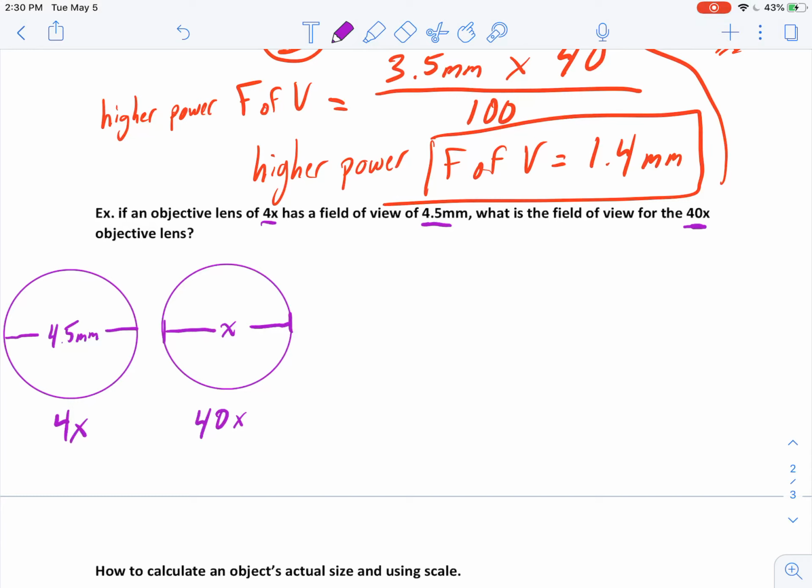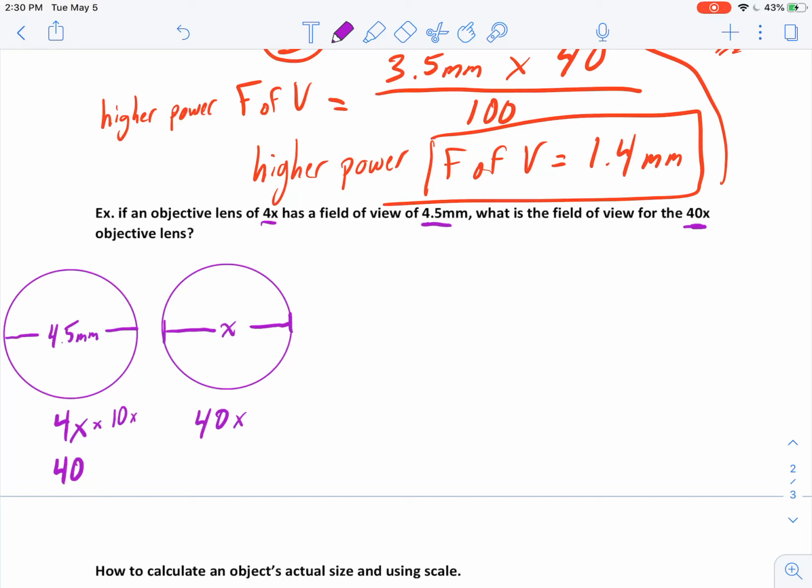But what I need to change down here is the total magnification, because this is just an objective lens. That doesn't include the ocular lens. So we need to find the magnification for both lenses. And what that's going to be is this 4 times 10 times, because remember the eyepiece lens is 10 times magnification.